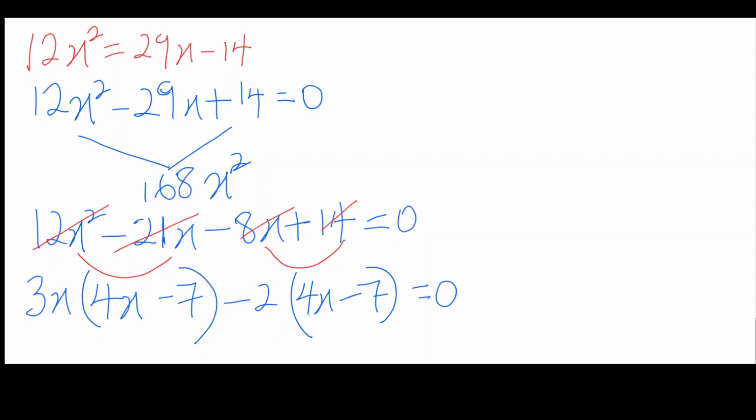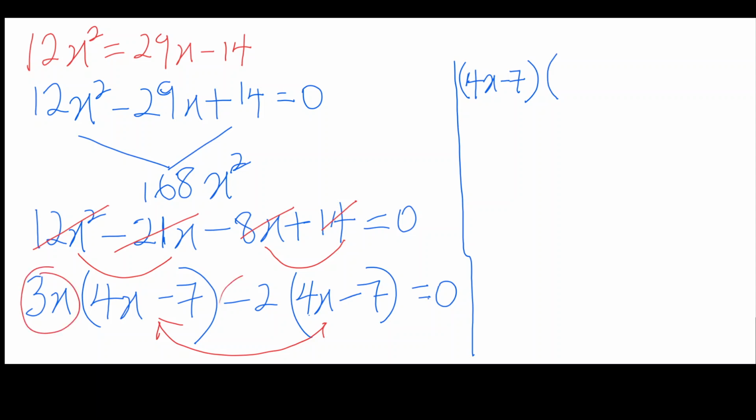Out of these two, you can see they are the same, so I'm picking out one. So we have 4x minus 7, then multiplying by the 3x and the negative 2 as I have here, so 3x minus 2, all equal to 0.